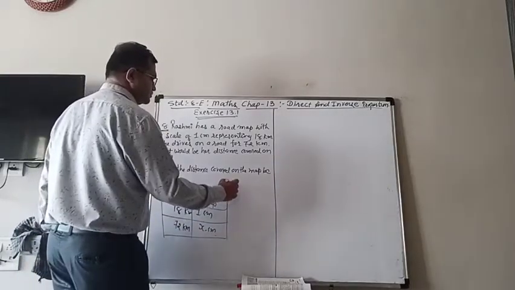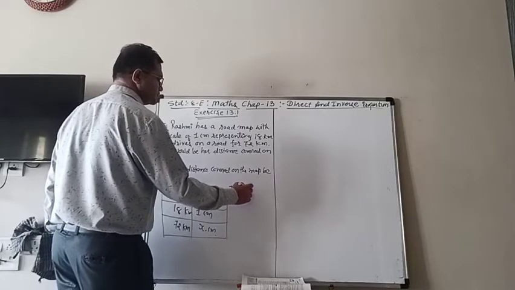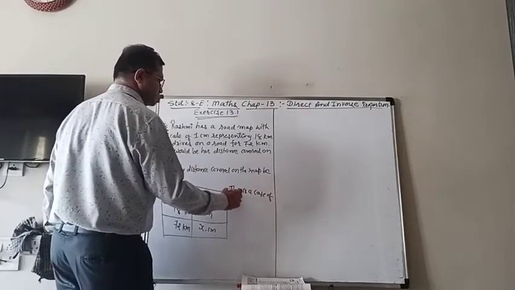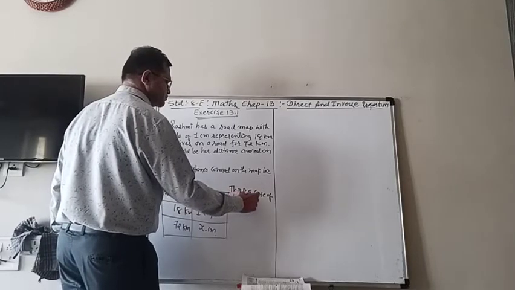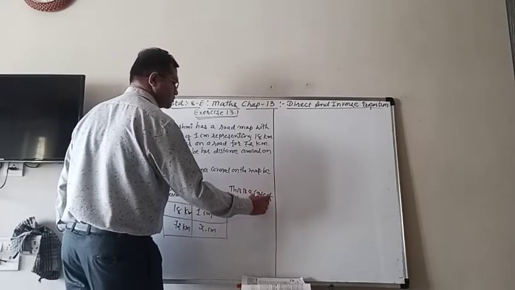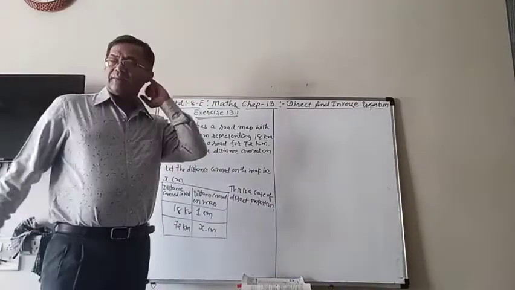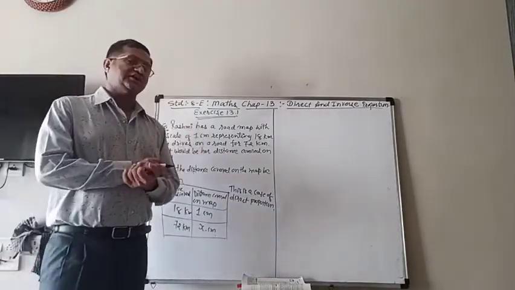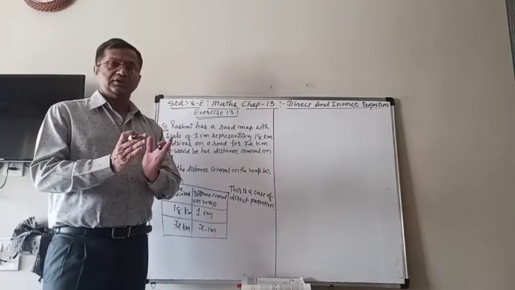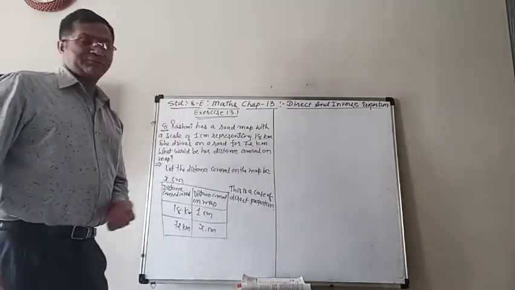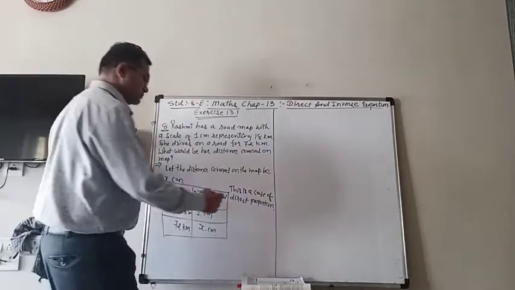Now this is a case of direct proportion, because we already understand that on the map the scale is taken. It means that the real distance and the covered distance on the map will be in direct proportion.